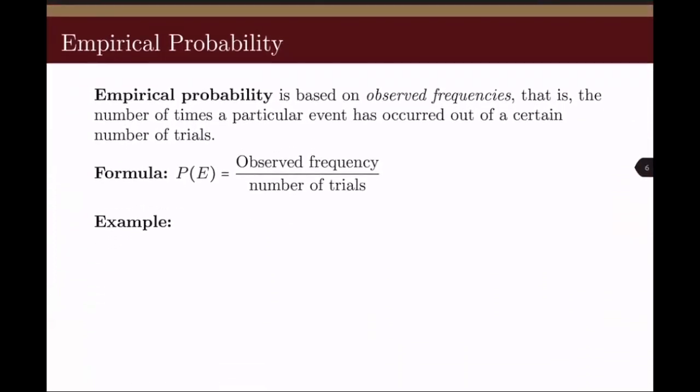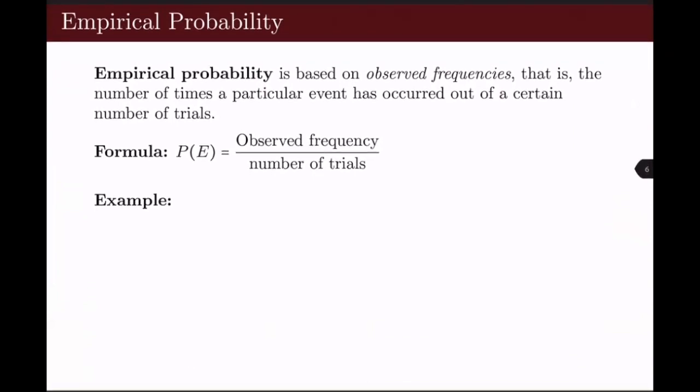Next is empirical probability. Empirical probability is based on observed frequencies. That is the number of times a particular event has occurred out of a certain number of trials. The formula is P of E equals observed frequency divided by number of trials. So let's say we're going to conduct an experiment. And we're going to flip a coin 50 times.